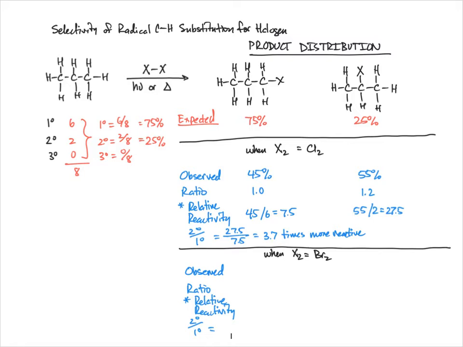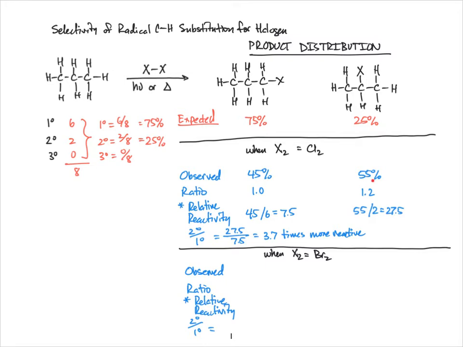Notice here I've drawn X2, which is molecular halogen. We saw where X2 is chlorine. The observed product ratio is 45% primary versus 55% secondary.